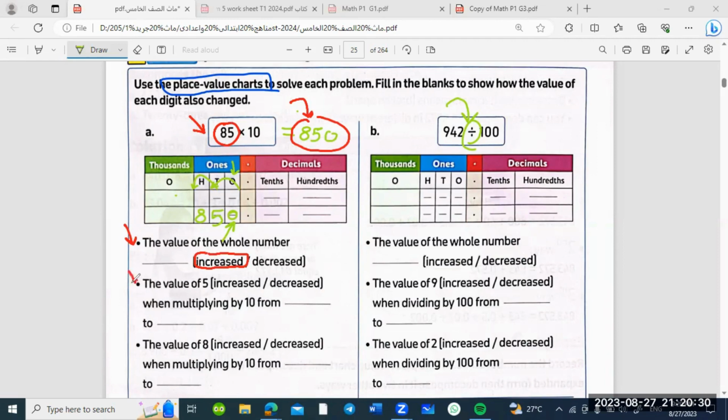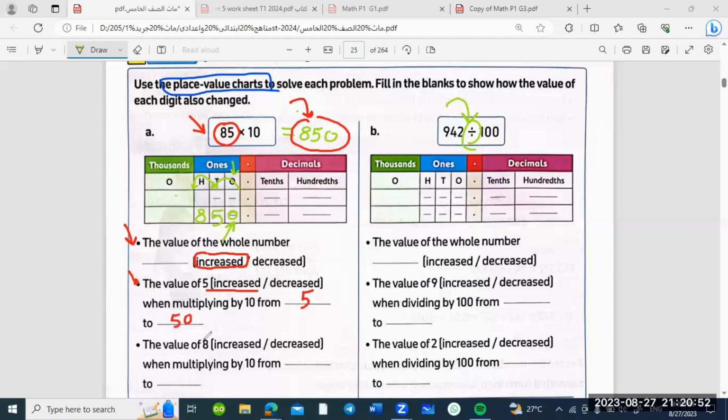Now, the value of 5, increased or decreased? Increased. From what to what, Jana? It was what and it became what? It was 5 and became 50. Excellent.